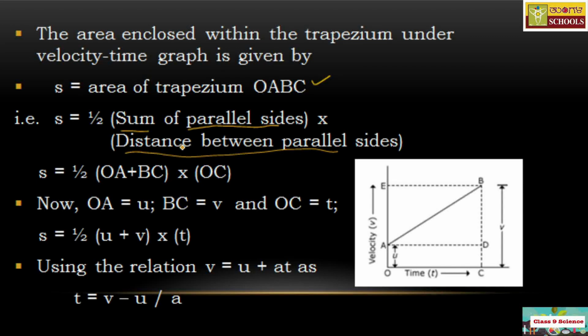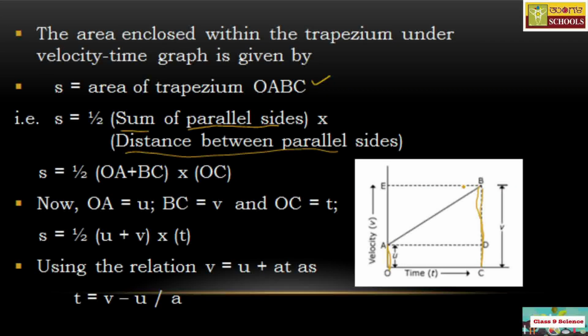So what does it mean? The area of the trapezium is given by the sum of parallel sides. What are those parallel sides in this trapezium OABC? Here OA is one parallel side and BC is the other parallel side.